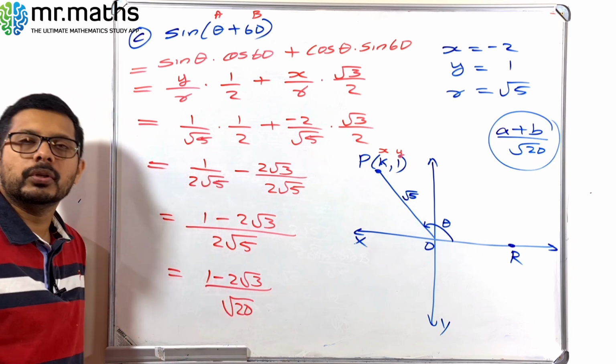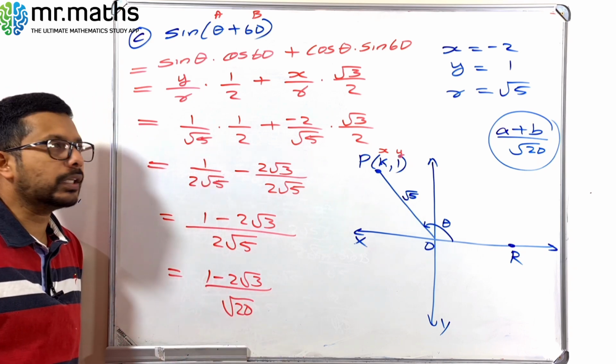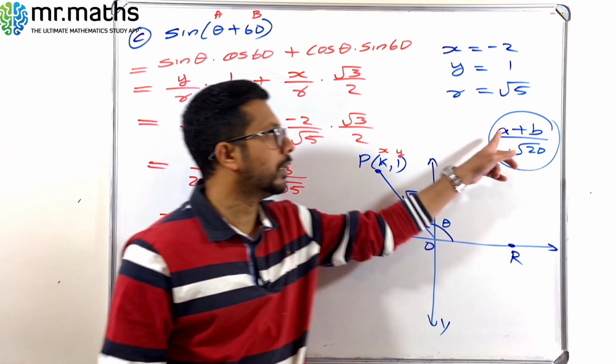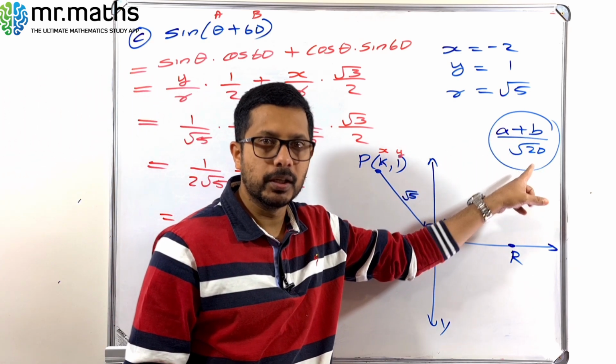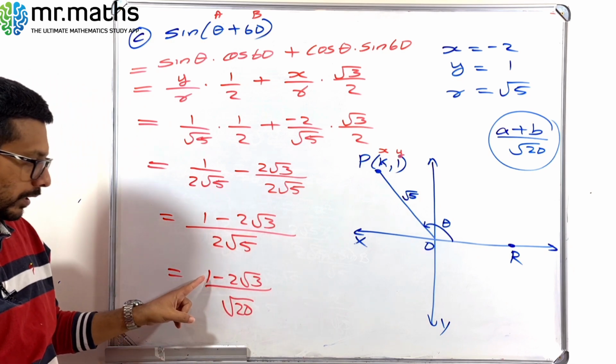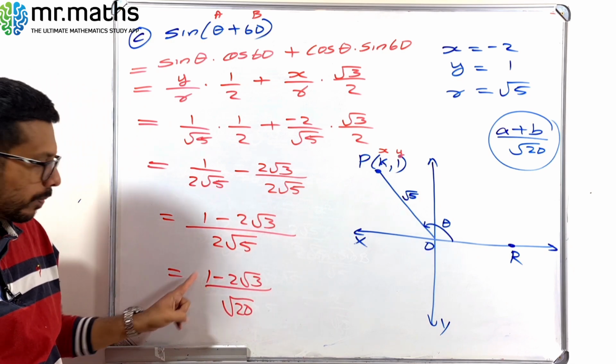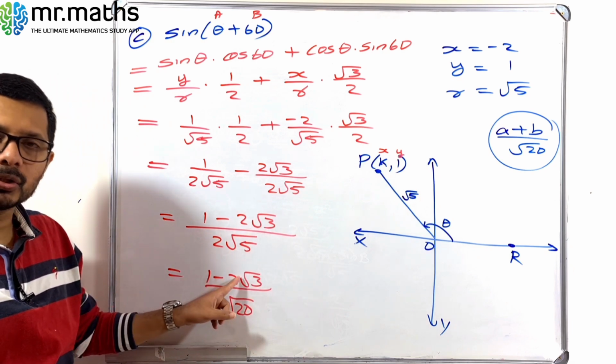Now look at the question. You want the answer in this format, a plus b divided by root 20. Did you get it in that format? Yes. a is 1, b is minus 2 root 3.